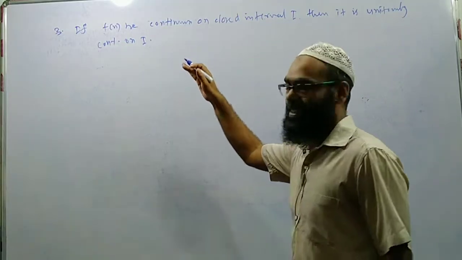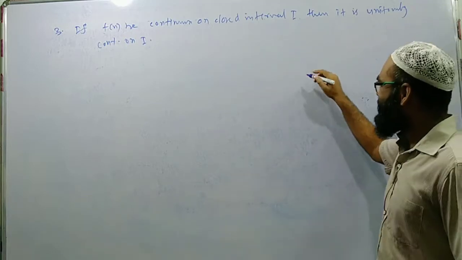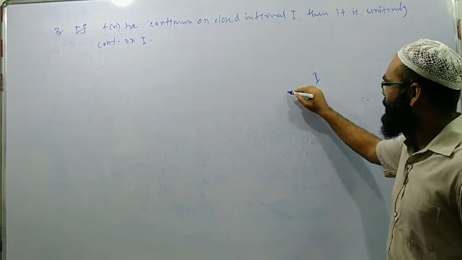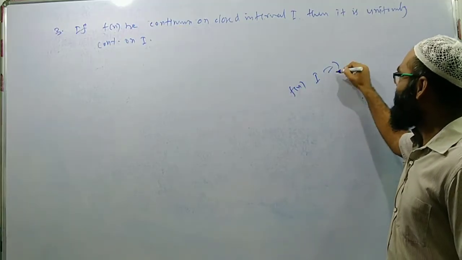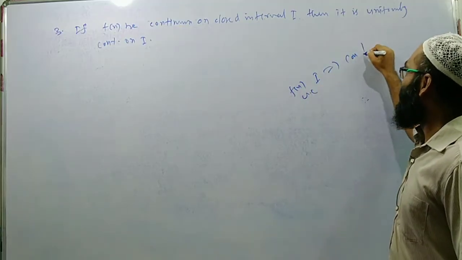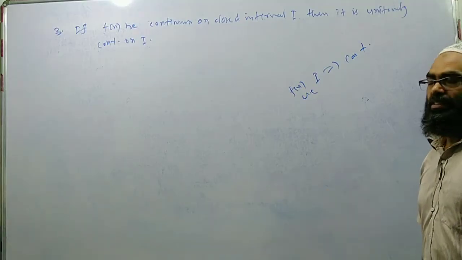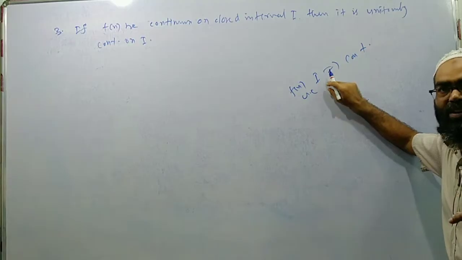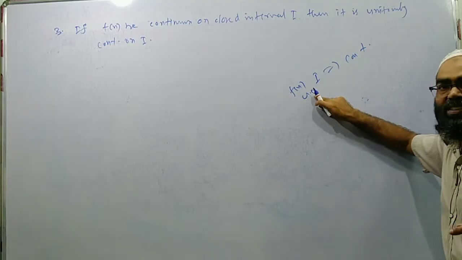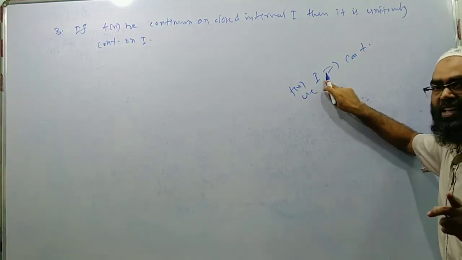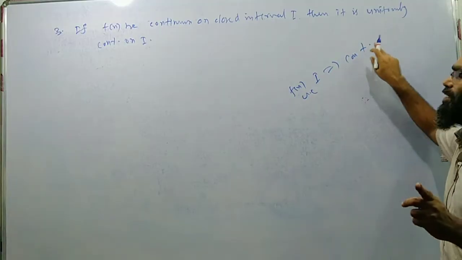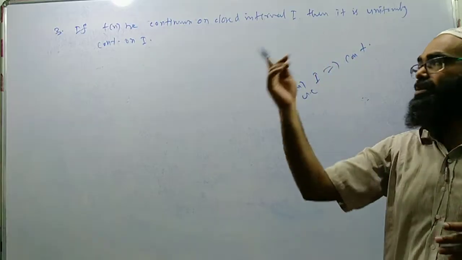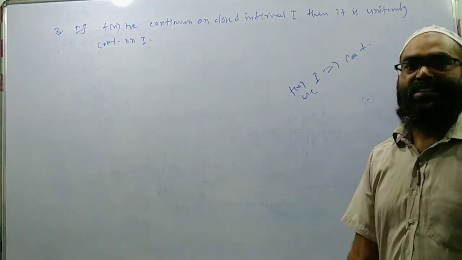In the previous result, we discussed that if f(x) is uniformly continuous on I, then it is continuous on I. So if I be a closed interval, then if f(x) is uniformly continuous on I, then it must be continuous on I.